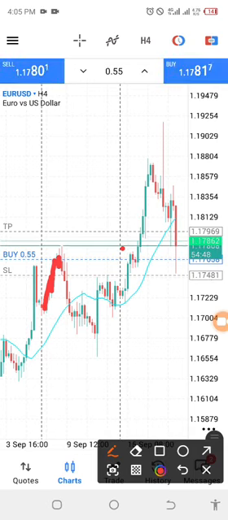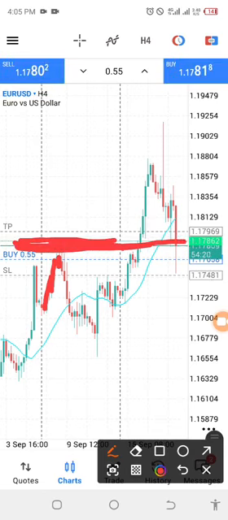Remember, I did not say line, a zone, and that zone is called a resistance zone. I repeat, if the market is going up and suddenly starts dropping down, that area that it hits is called a resistance zone. So this area here is a resistance zone.